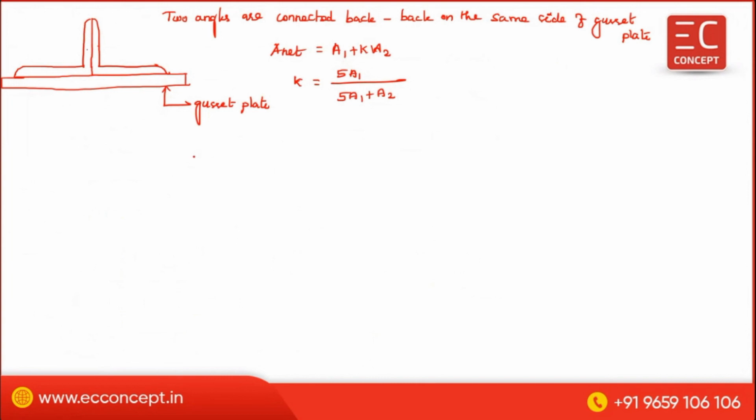Okay. Next one is two angles connected back to back, but in between them there is a gusset plate.